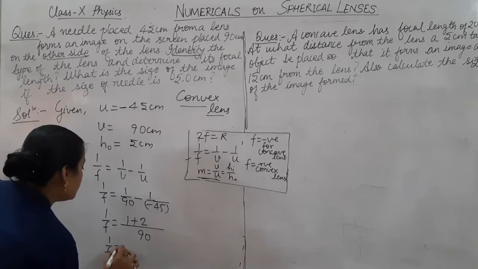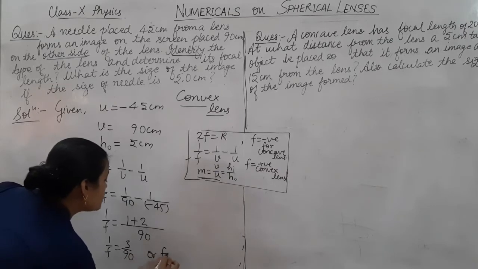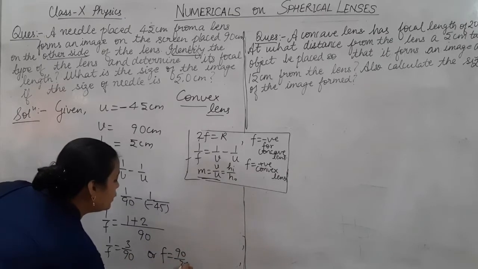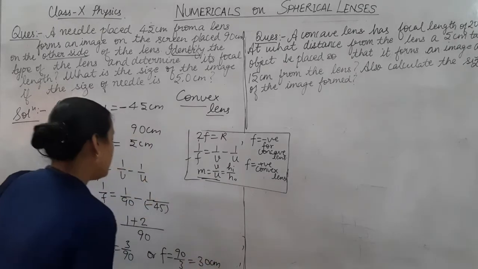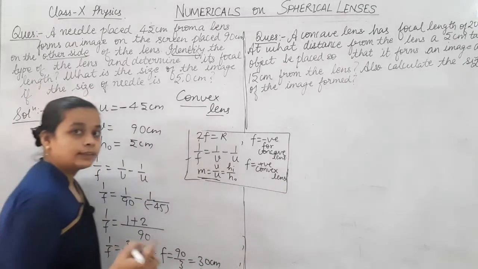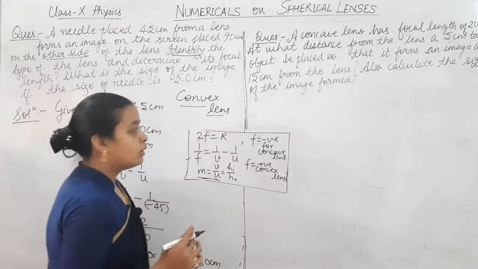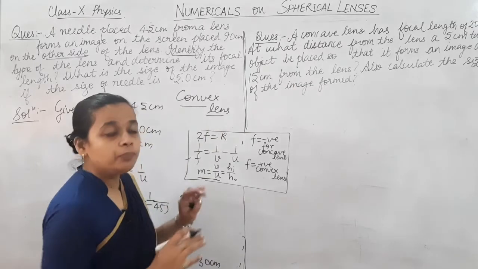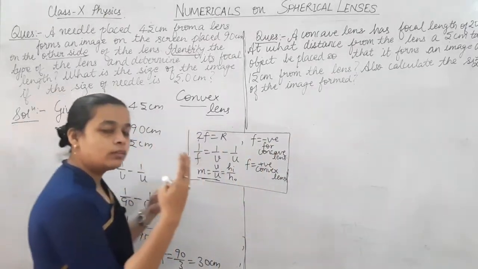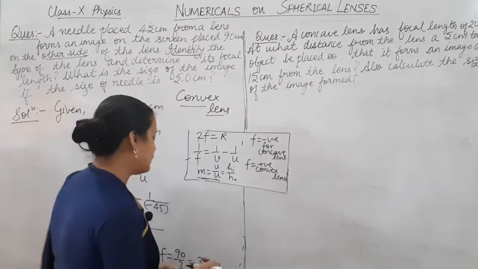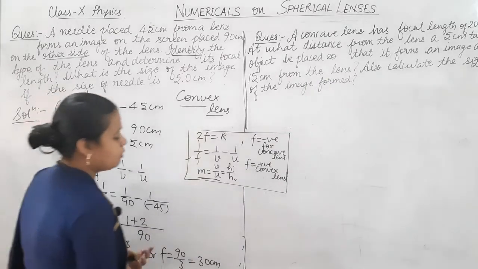So 1 upon F is equal to 3 upon 90, or F is equal to 90 upon 3, which is equal to 30 centimeter. It is coming positive, which means our answer is correct, because in a convex lens the real focus exists on the right side, which is the positive x-axis. So the focal length of the convex lens is 30 centimeter.